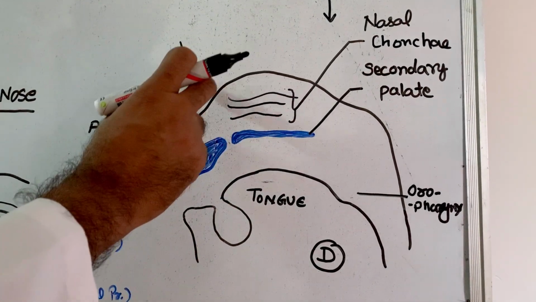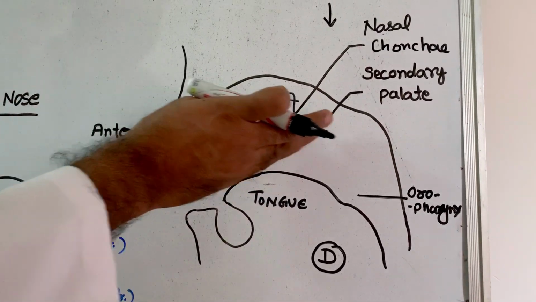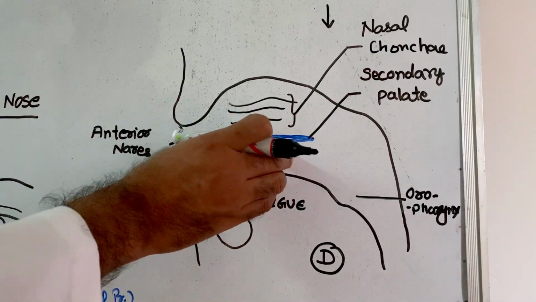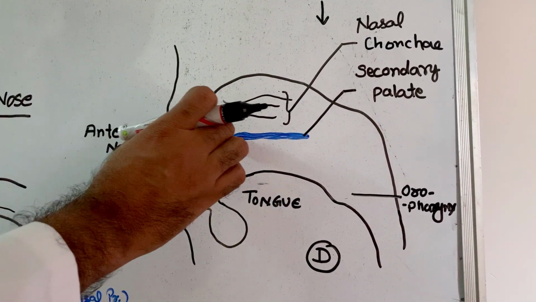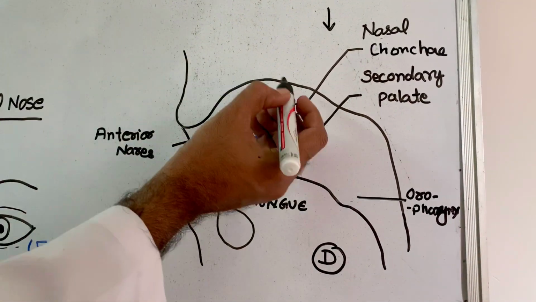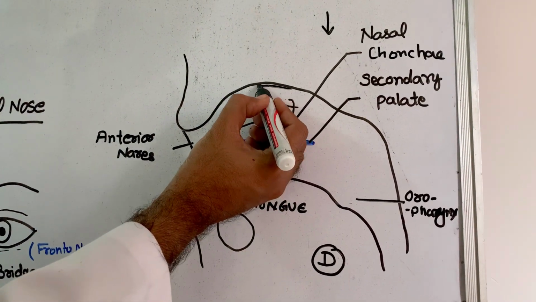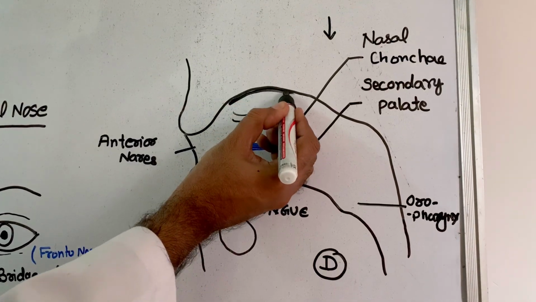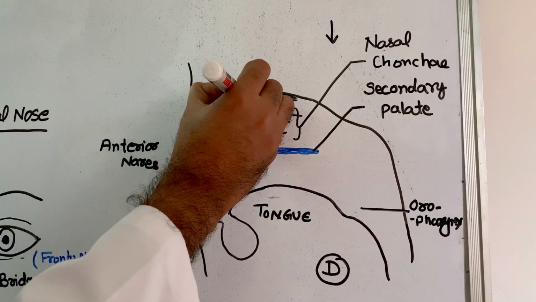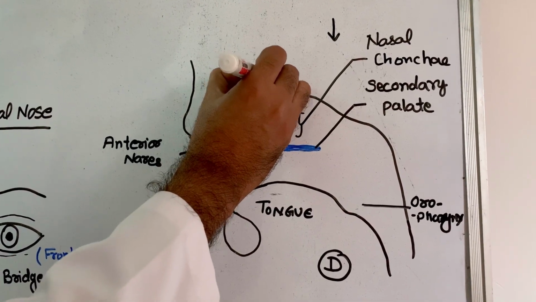Now, when the nasal cavity separates from the oral cavity through the development of the secondary as well as the primitive palate, it is further lined by various epithelial tissues. The roof of this nasal cavity is lined by a specialized epithelium which also acts as the olfactory epithelium.